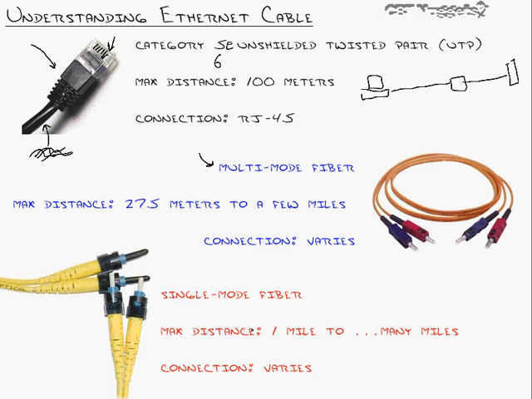Now, the connection type is where it comes in. The connection really is based on what kind of equipment you have. It also takes much more expensive connectors for single mode fiber in order to connect. And you can see on both multi-mode and single mode, the connection type varies.